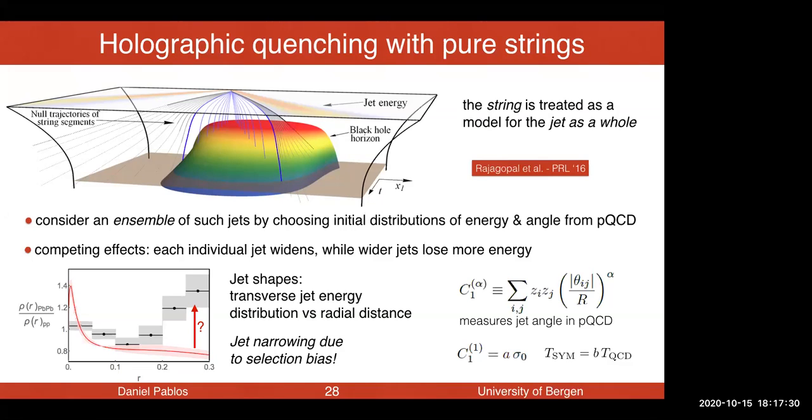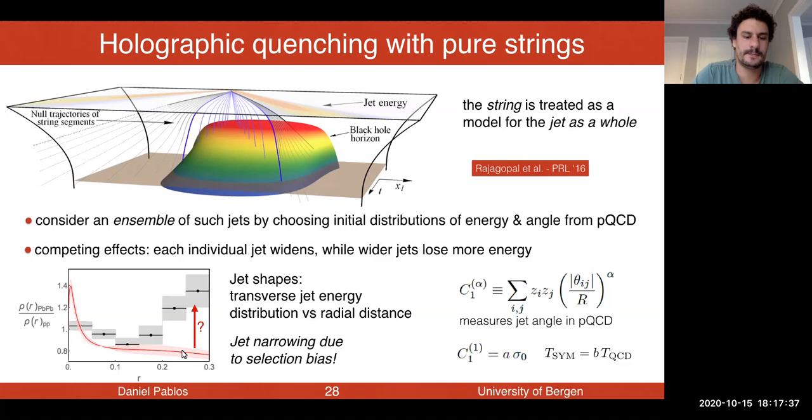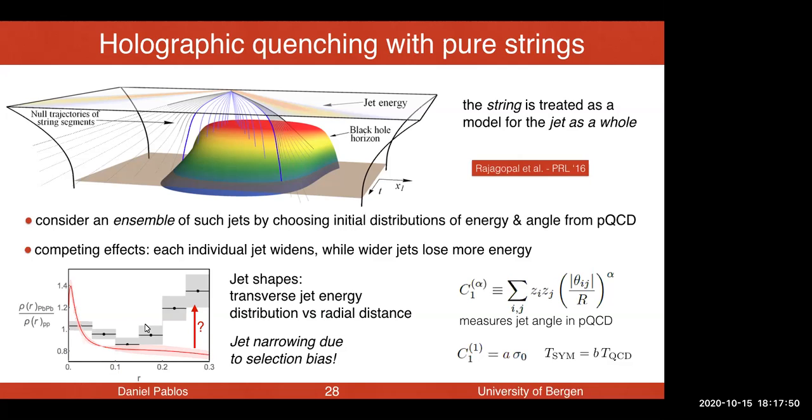Is it the prediction of this hybrid model, or is it something else? Oh, sorry. This red curve is the prediction of this model. It's not the hybrid model. It's a purely holographic model.